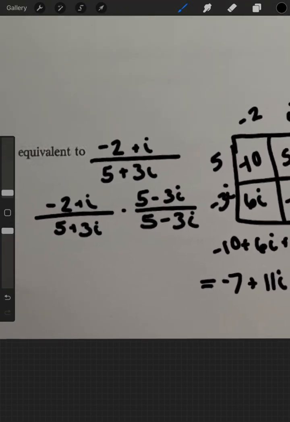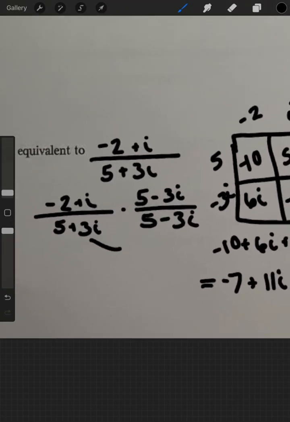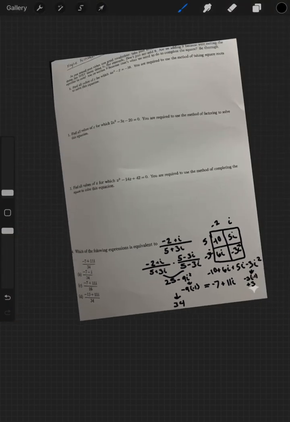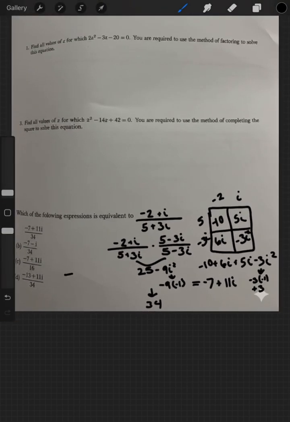And then I'm going to find the denominator, which is 25 minus 9i squared. Same thing with the negative 9. Which gives me 34. So simplifying it will give me negative 7 plus 11i over 34.